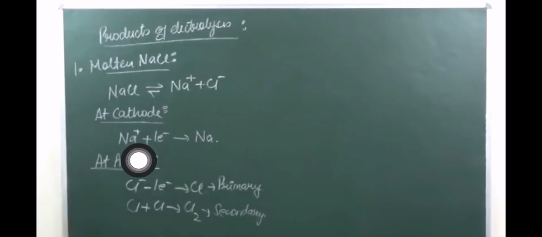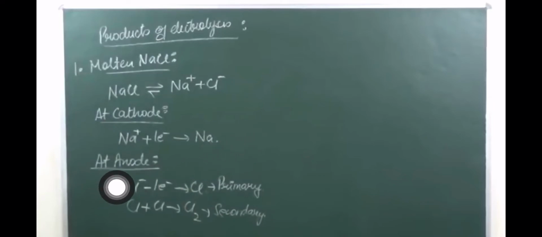So at the cathode we are going to get Na. This reaction takes place at the cathode. This we have already seen in the last lecture, right? At the cathode the positive ion will be there, and electrons will go to the cathode and make the ion into a complete, proper atomic form.